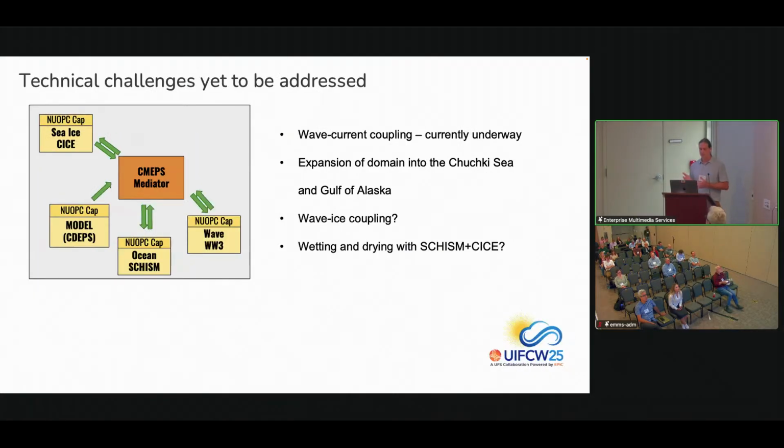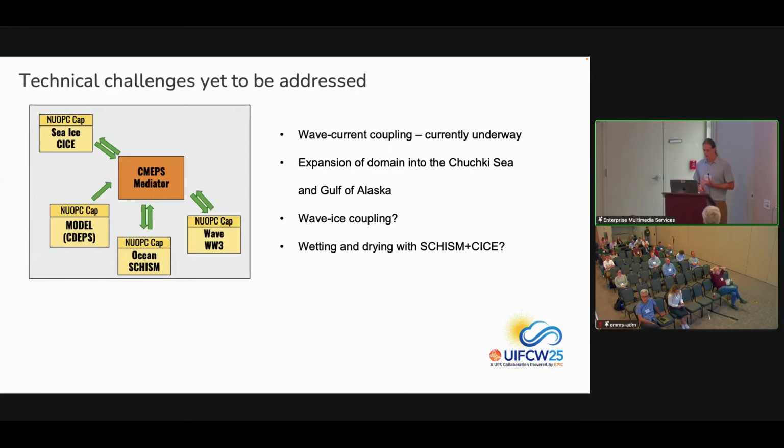So the next big step is, well, there are a lot of questions left, but a future step would be to expand our domain into the Beaufort and Chukchi Seas, and into the Gulf of Alaska, where the ice characteristics will be different, either because of fjords and freshwater runoff, or because of the multi-year thicker ice that you'd find in the Arctic.